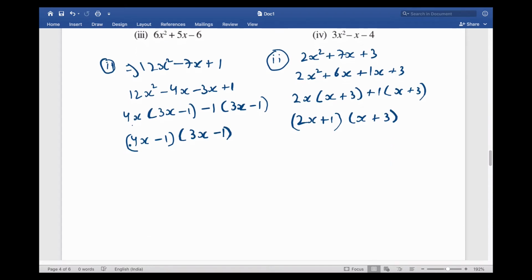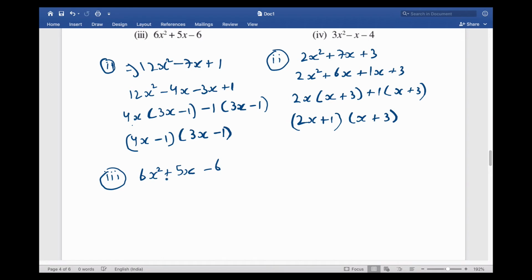Now part 3, let's try and solve it over here. So I have 6x square plus 5x minus 6. So minus 6 into 6 will give me minus 36 x square.